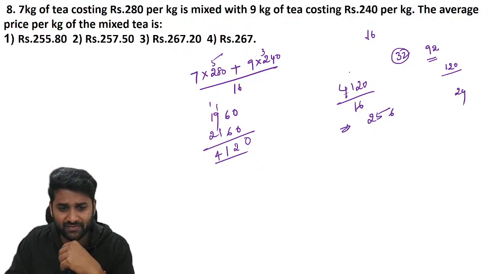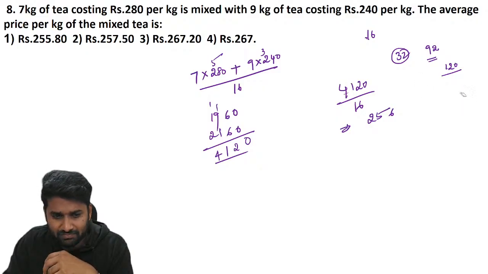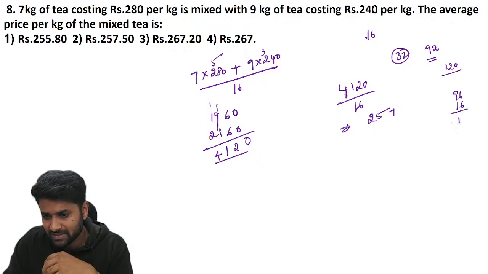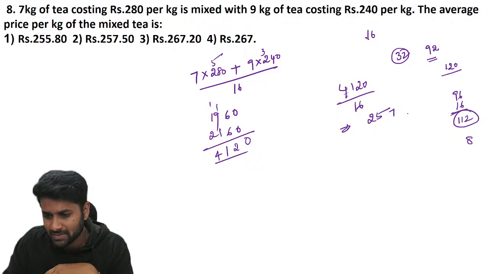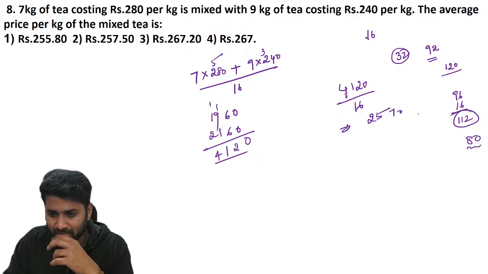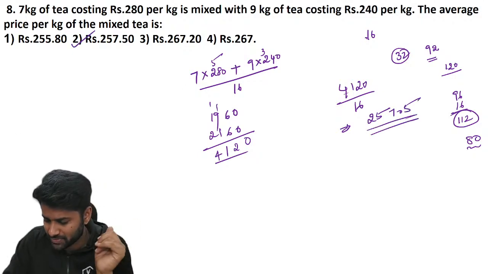So 16 into 5, 16 into 6, 96, 120. So 7 times also follows. 96 plus 16 is 112. Now we have 8 units. So let's take the decimal here. Again it is 80. Now 16 into 5, 80. So answer is 257.50. It's a pure simplification.